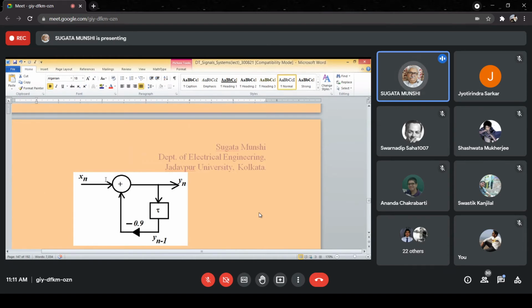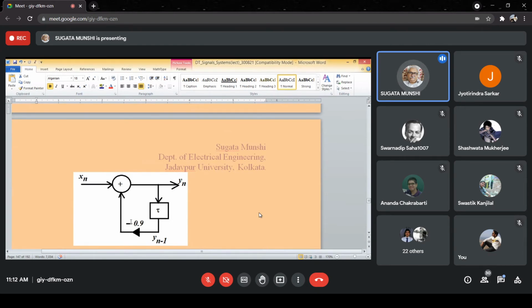Yn minus 1 is a b plus 1 bit number. That coefficient, whatever value it may be, is represented using b plus 1 bits. So here you have a b plus 1 bit number. Here you have a product, as the other input, of two b plus 1 bit values.